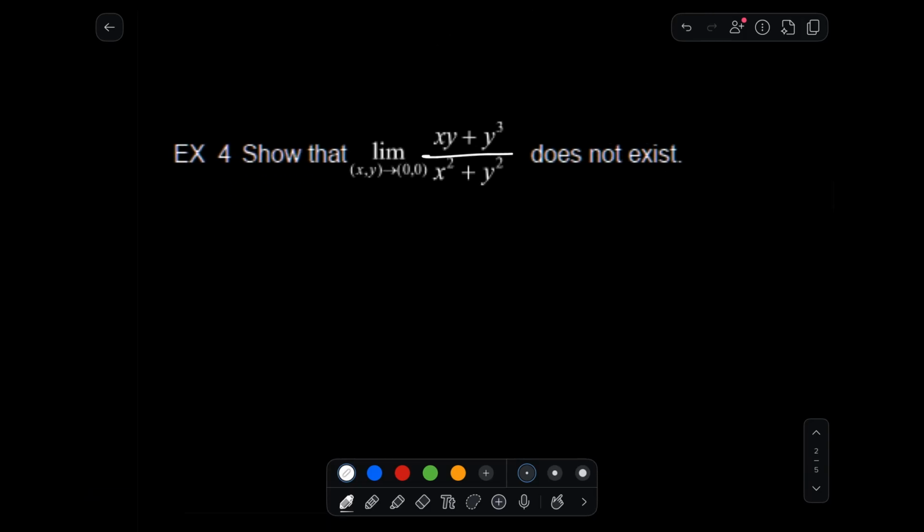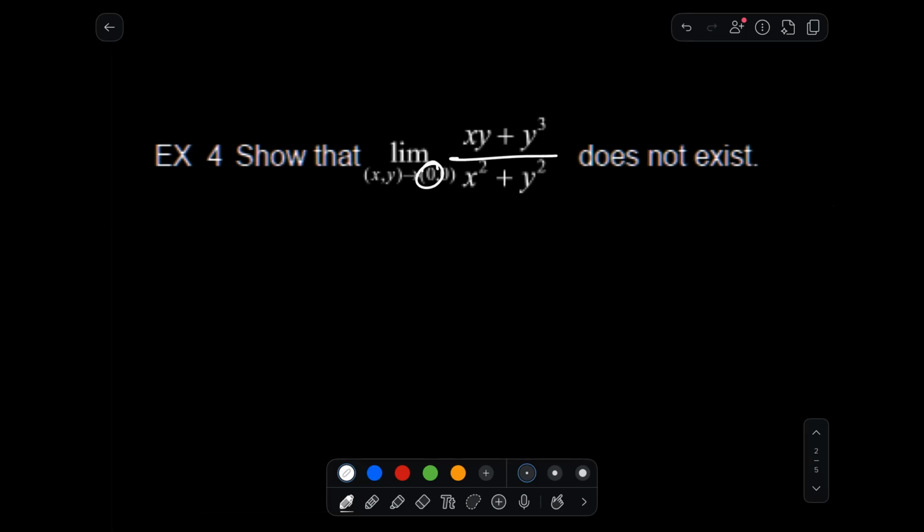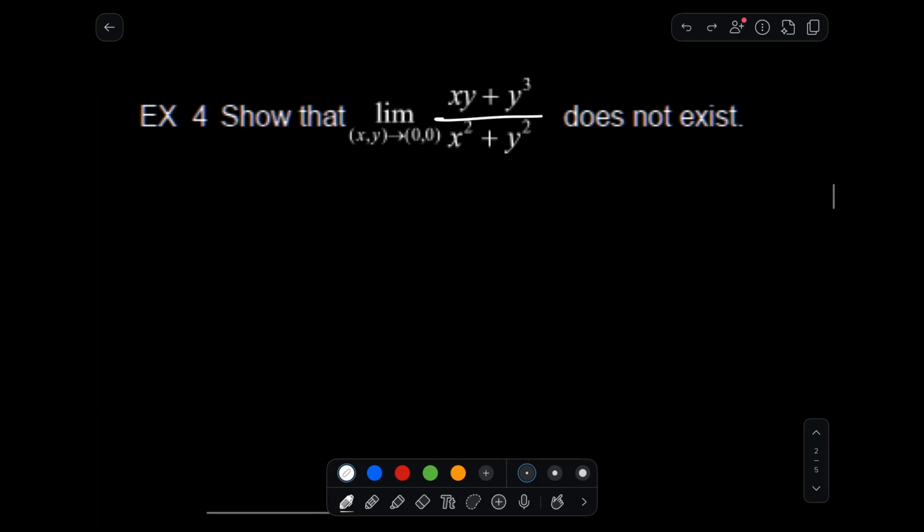So usually for these problems, you have to hold one of these constant. For example, if we're solving for this limit not existing, we have to make sure that the limits match. If we're saying the limit as x approaches 0, we're holding y constant, right?